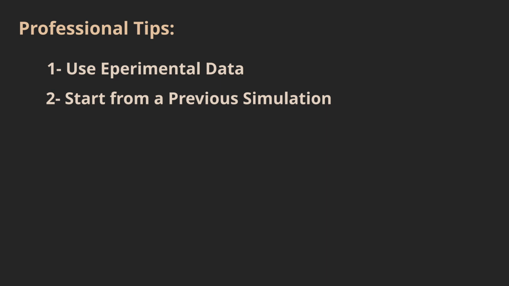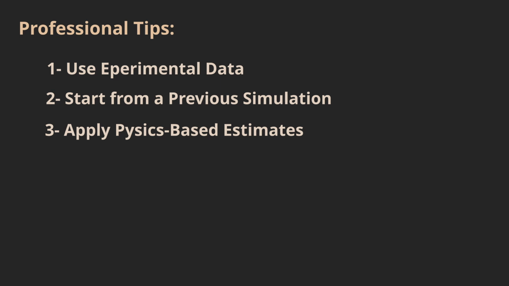For instance, you can even solve the problem first using a coarser mesh, then use those results as initial conditions for a finer mesh simulation. Or use a faster solver like OpenFOAM to generate a rough solution, then switch to a more accurate solver for refinement.